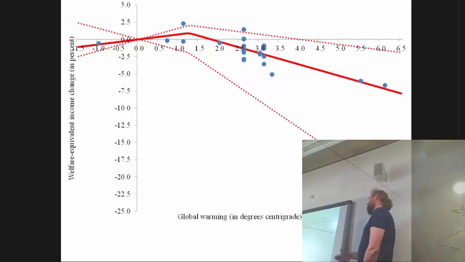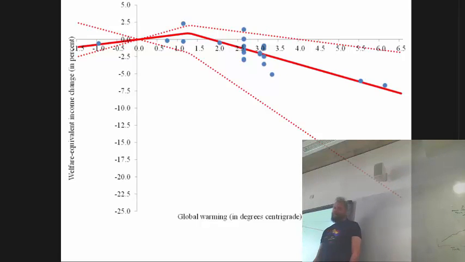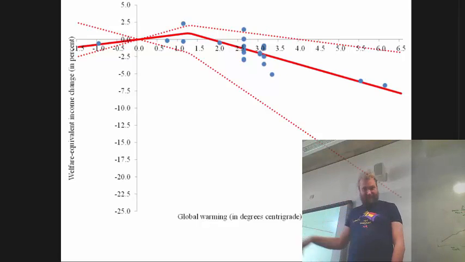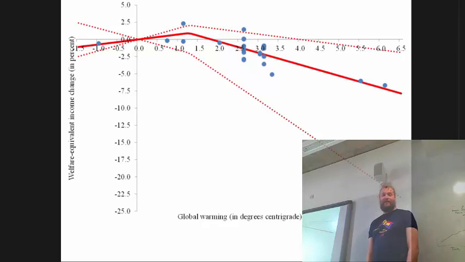And as I said, if we focus on 2.5 degrees of warming, then if we take the average of the studies that are out there, 2.5 degrees of warming would be equivalent to losing 1.3% of your income. Now, losing 1% of your income is not something that you should worry about.